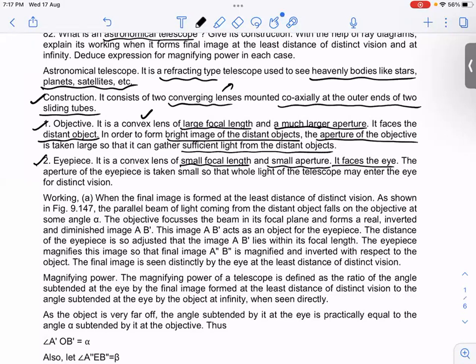The aperture of the eyepiece is taken small so that the whole light from the telescope enters the eye.